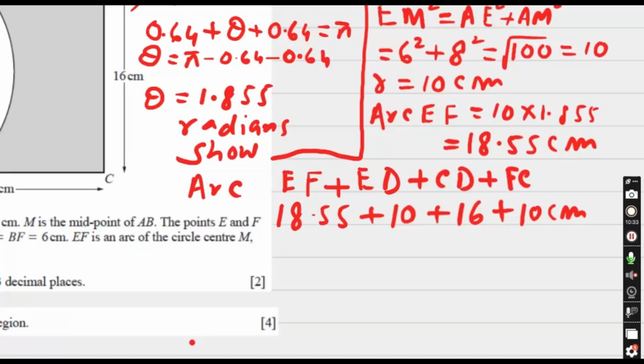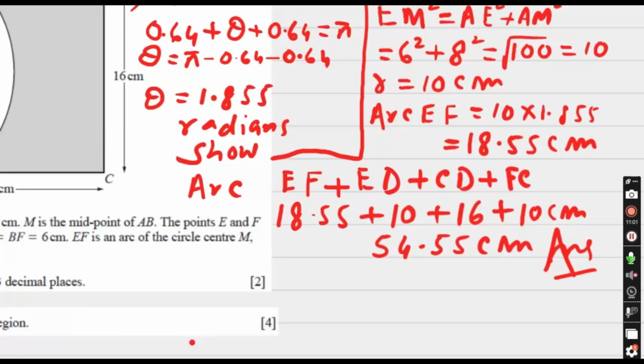Add them all together, you will get 54.55 centimeter. So this is the answer of part 2, the perimeter of the shaded region.